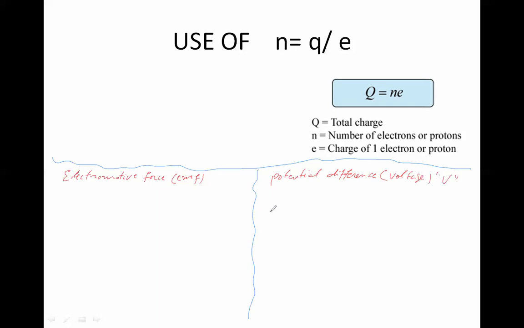Now look, you tell me, let's say this is a bulb. This is the sign of a bulb, and it is off. Why is it off? Because there is no cell or battery to generate charge?